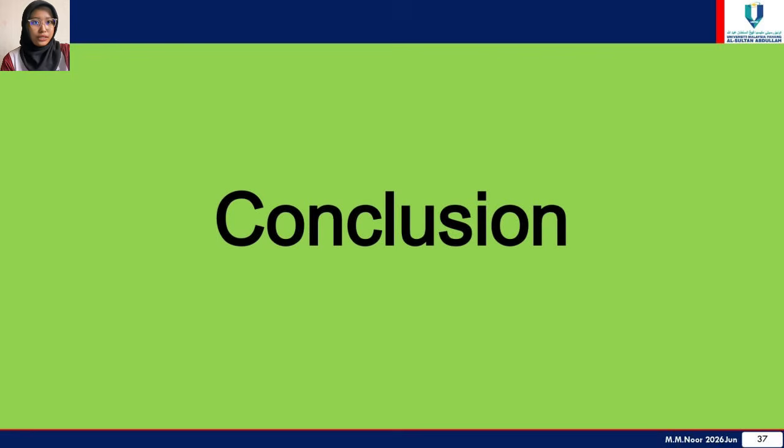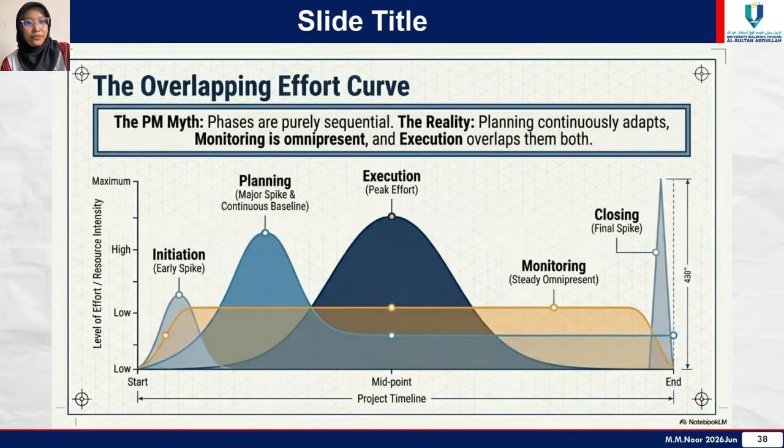In conclusion, the 5 phases are necessary for the project management life cycle, though the phases are not purely sequential. Planning continuously adapts from the initiation to closing, and the monitoring and execution can overlap.